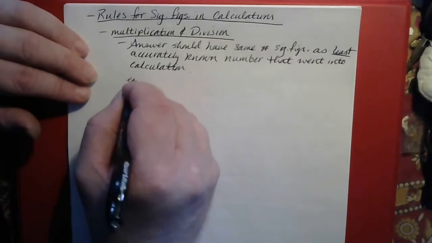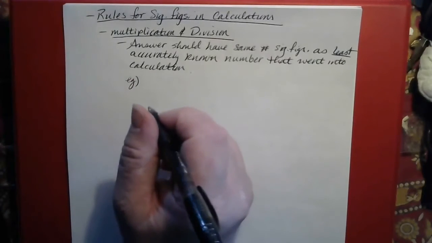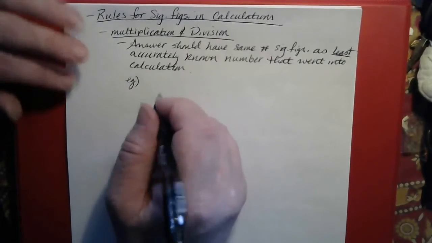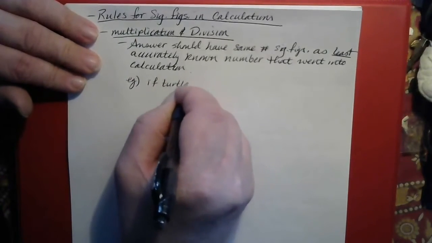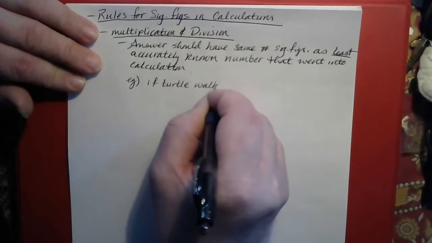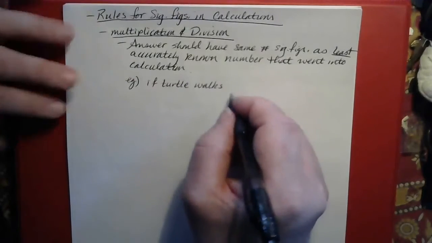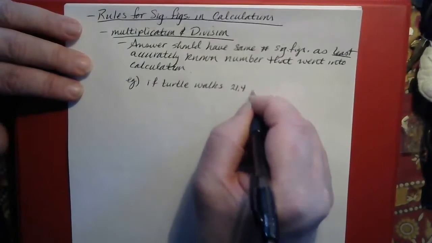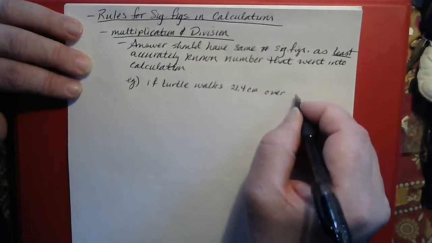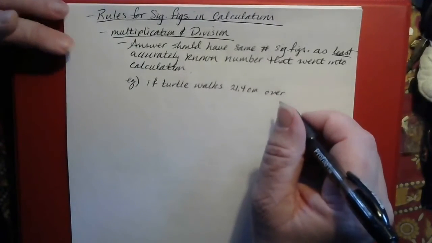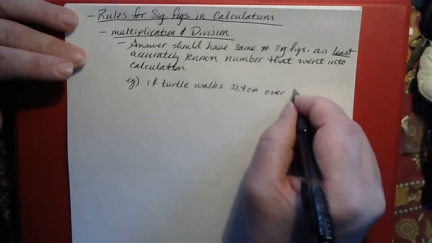Okay, so for an example of that, let's see. Say you've got a turtle and it walks 21.4 centimeters over 8.5 seconds.